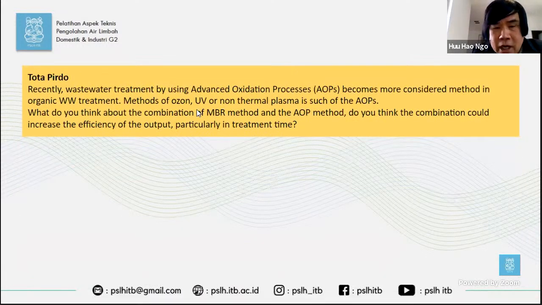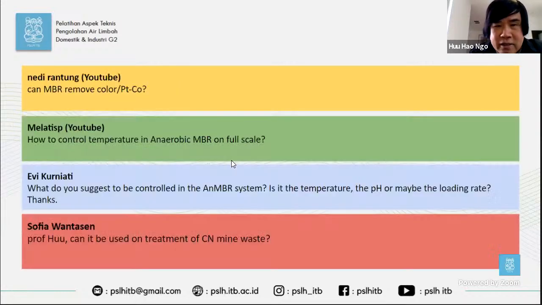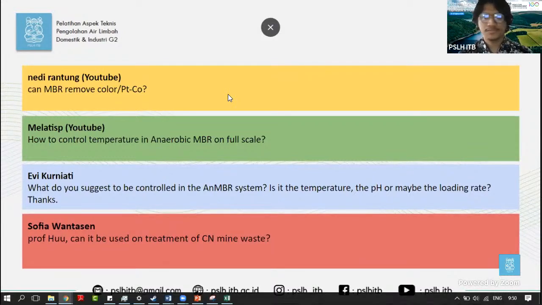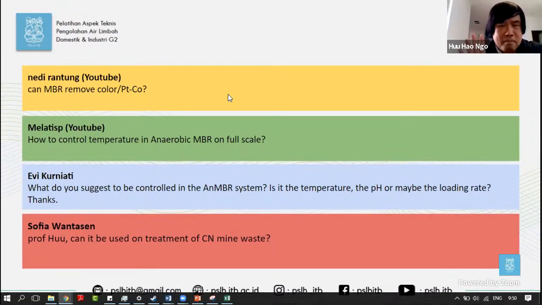To control the anaerobic MBR system, there are just four main parameters, as I showed in the slide already: pH, temperature, HRT, and SRT.